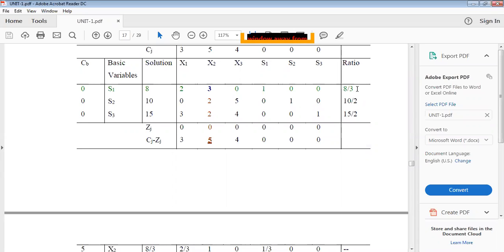So this is the entering row, and the other is the entering column. You mark this 3 with a square block, and automatically it becomes the key element. Now you have to mark this key element as 1, and the 2 and 2 have to be made zeros.